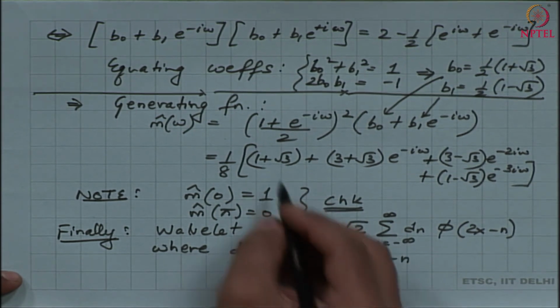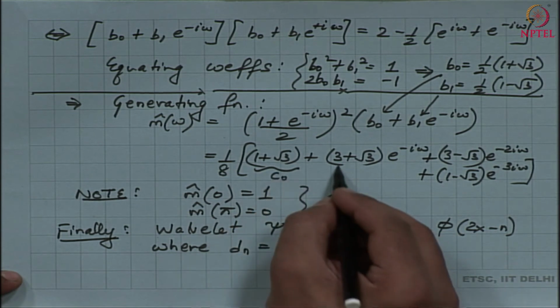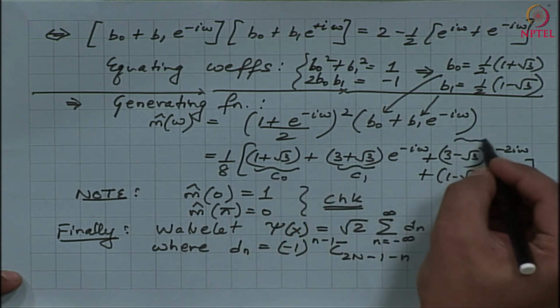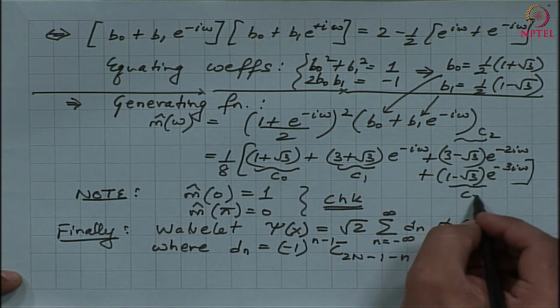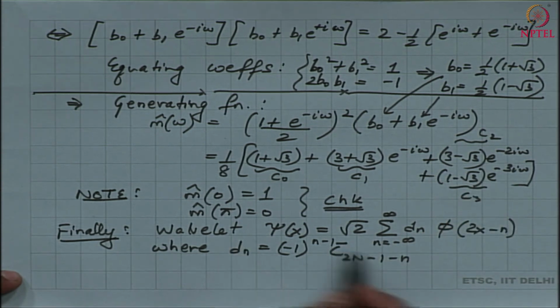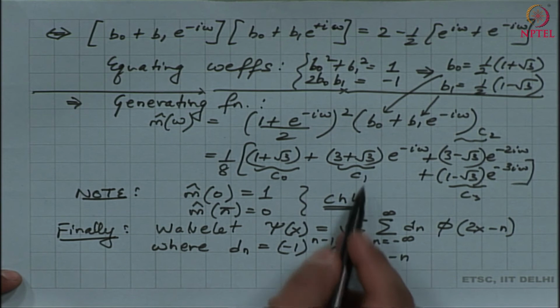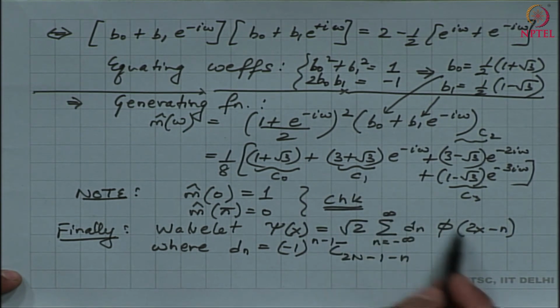Notice that this is my C0, this is my C1, this is my C2 and this is my C3. So, all I have to do is find the coefficients d_n's from the c_n's and plug them into this particular expression to get my wavelet.